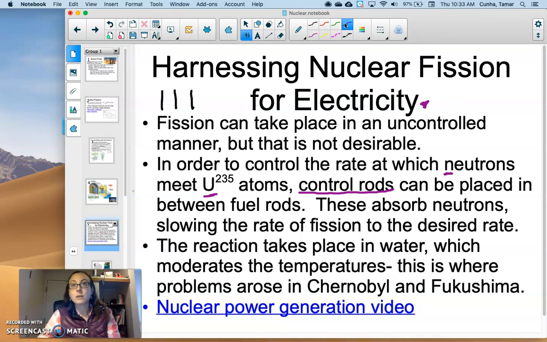So to make sure that things are not going any faster than we want, we have these control rods that we can raise up to allow more reactions to take place, or we can lower them down so that less reaction is taking place within this moderator.